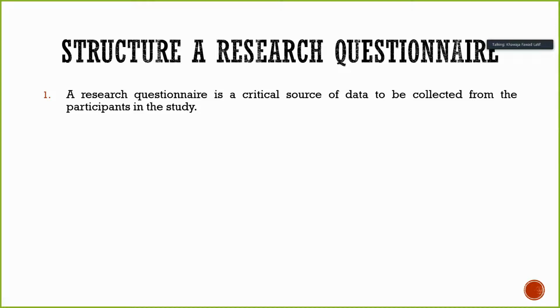And once they are discouraged, you won't have reliable data, which means your results will be flawed, and obviously you can't give proper justification for your results. So you have to structure it properly. We'll be looking at a few examples of a bad questionnaire, a slightly problematic one, and a good one.